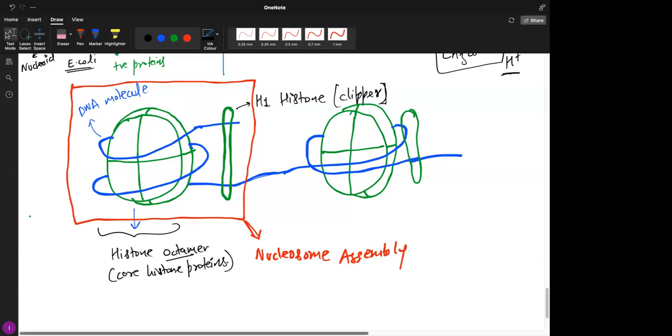And with very high precision research, we have figured out, and it was asked in NEET so remember, that in a nucleosome, the DNA goes around the histone octamer less than twice.